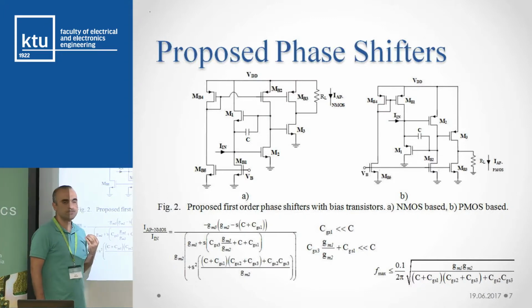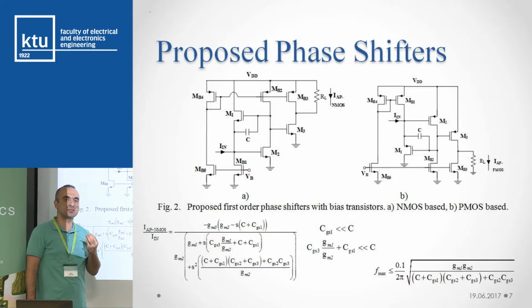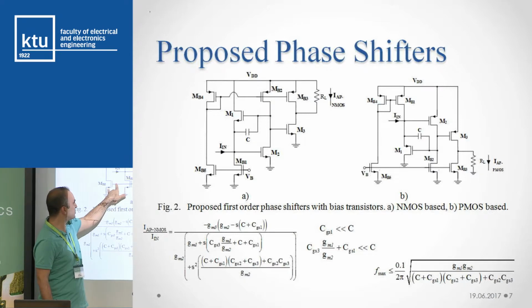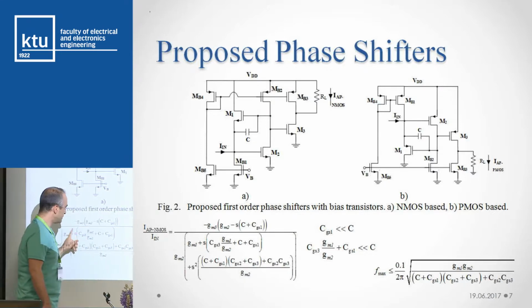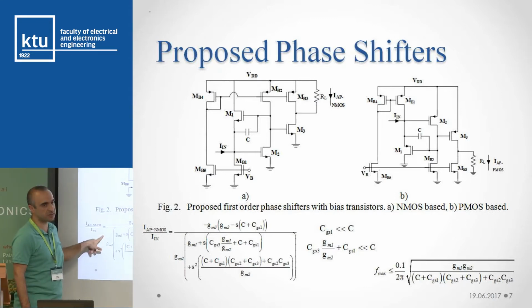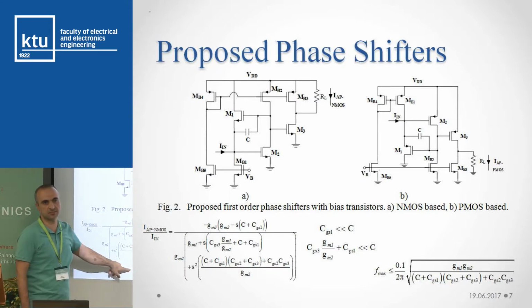And for MOS-only design, if you take into account the CGS values of all the transistors like this, you will have a complicated transfer function like this.